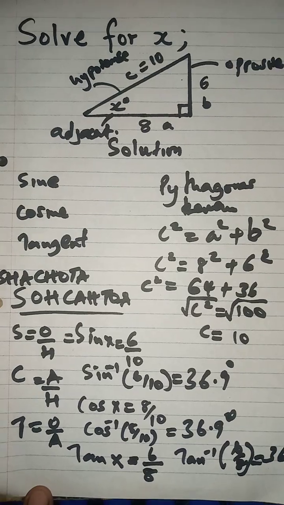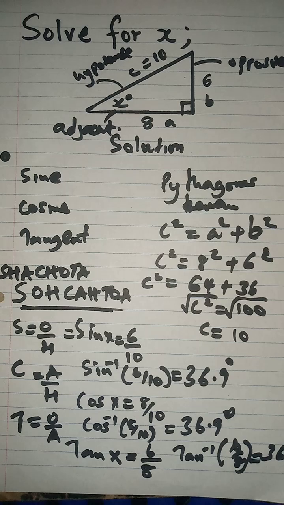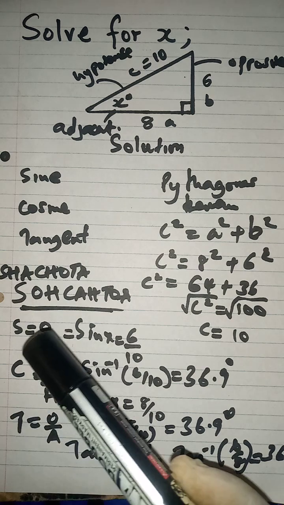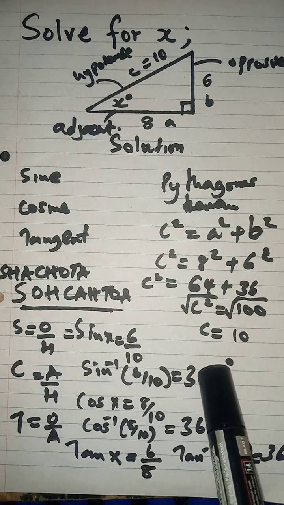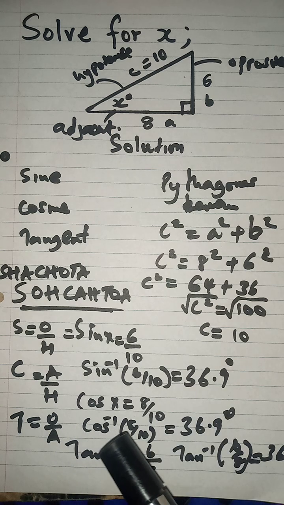What does that mean? It tells us that if you just master SOHCAHTOA, that's what's going to guide us. You realize that whether you choose the sine, the cosine, or the tangent, you get the same answer.